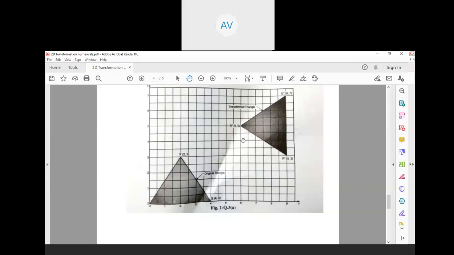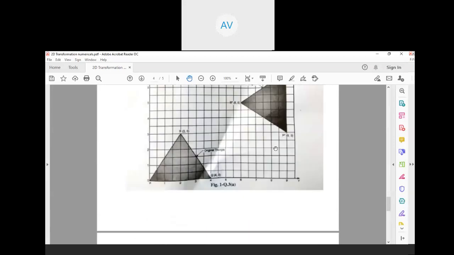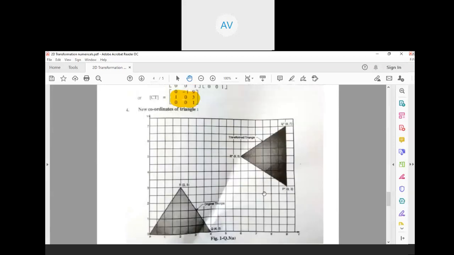After the transformation we got 9 comma 3, 9 comma 7, and 6 comma 5. So the new position points we have plotted, and this will be your original triangle, and this is translated by 4 comma 2 and rotated by 90 degrees. So this is your final transformed triangle.